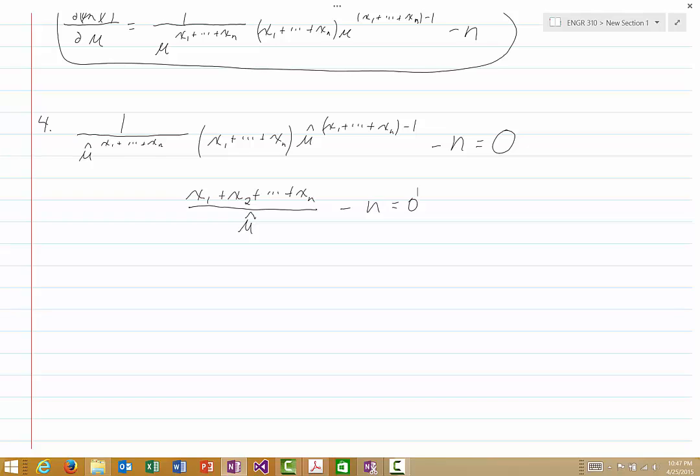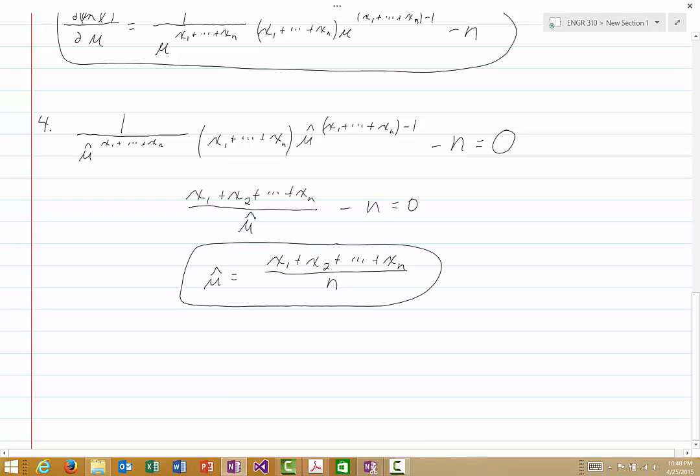And now, if we just do a little bit of algebra, what we will get is mu hat is equal to x1 plus x2 plus dot dot dot plus xn over n.